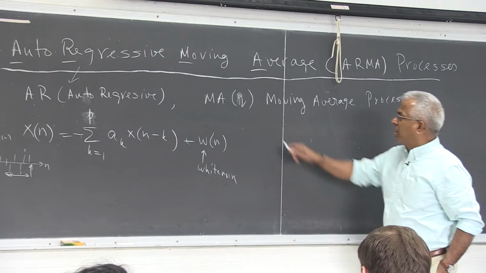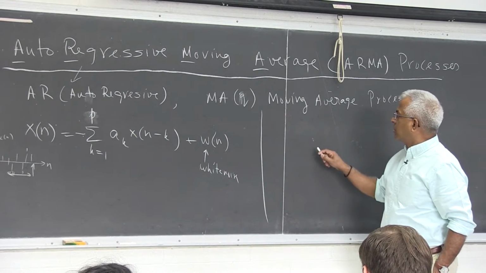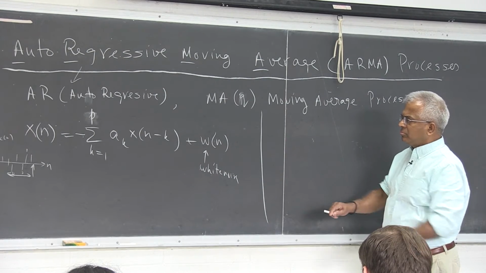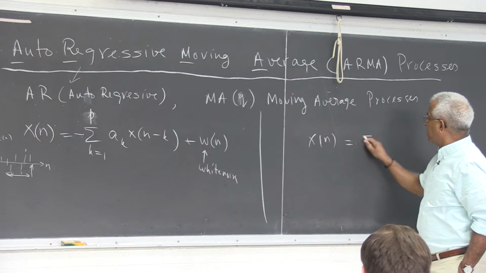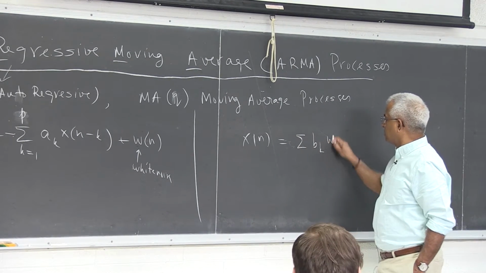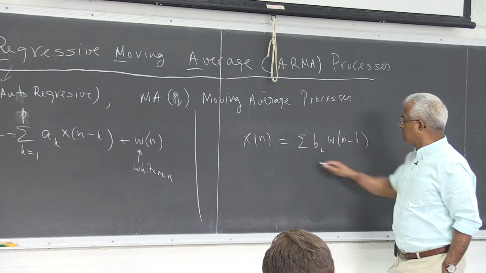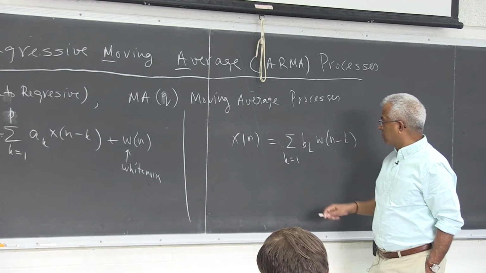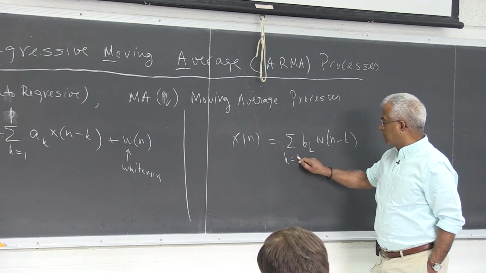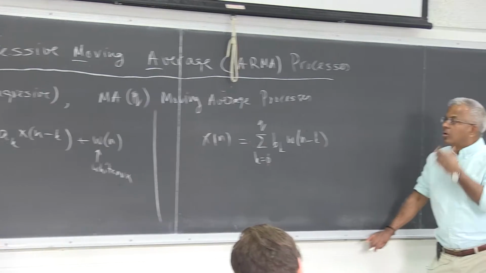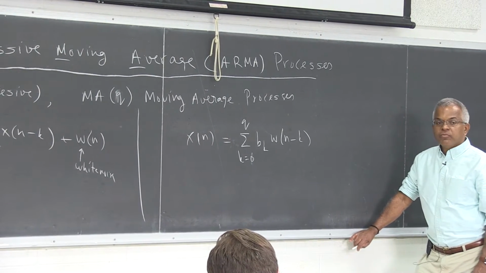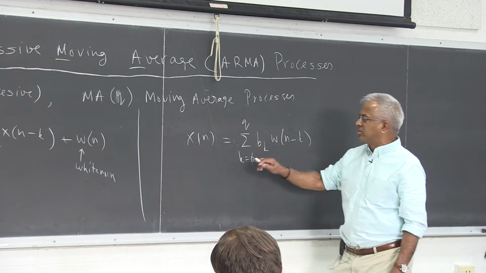what is moving average. So if x of n can be written as sigma b_k w of n minus k, this is the moving average portion. Look at what it says.